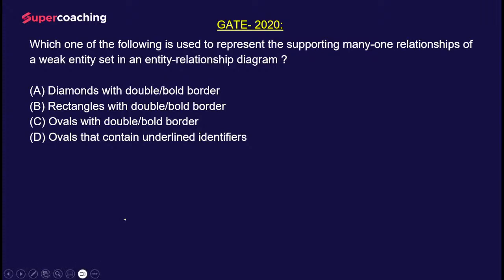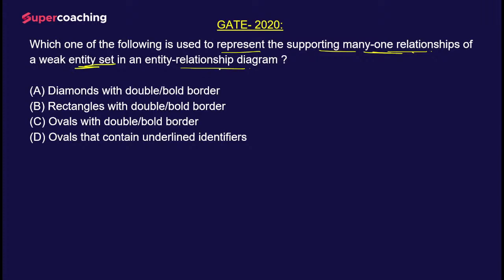It's just on the basis of the representation. This is saying that which one of the following is used to represent the supporting many-to-one relationships of a weak entity set in an entity relationship diagram. What is going to represent the many-to-one relationship with the weak entity set?